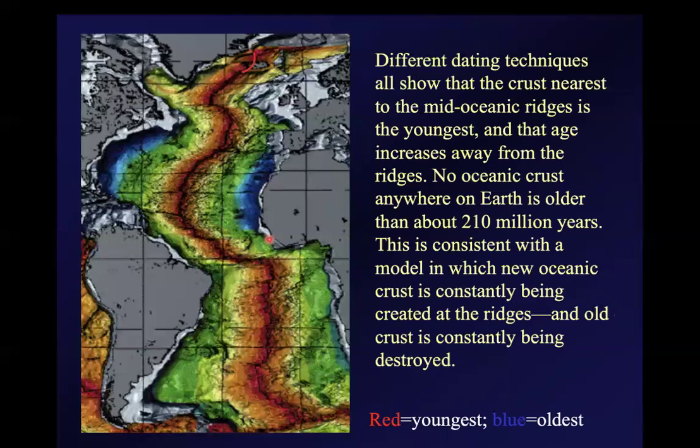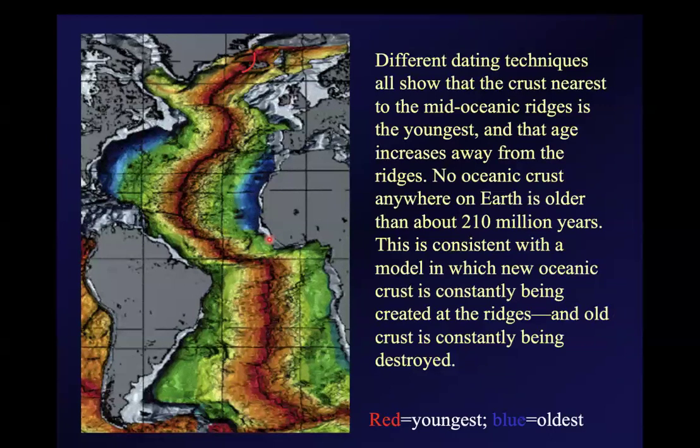Whereas, for example, all of the rocks making up the Ozarks and the Ouachita Mountains are older than 210 million years. Some of the Ozarks are twice as old. Parts of the Ozarks are maybe about 8 times as old as that.